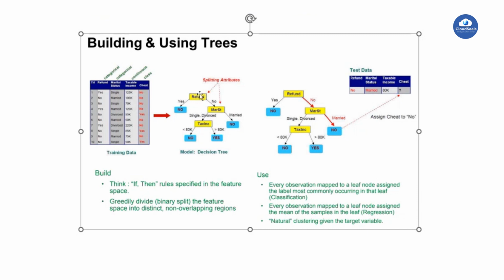Actually, I have taken refund as the root, the first starting feature. But you say, ma'am, why are you taking refund? I want to take marital status. Some other person says, no ma'am, I want to take taxable income. But we can't take some random independent variable as the root.